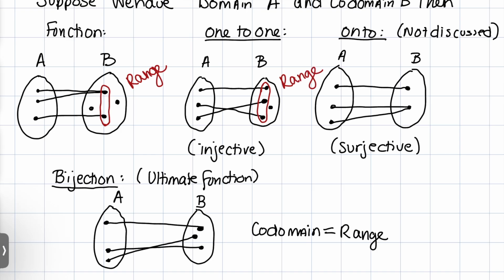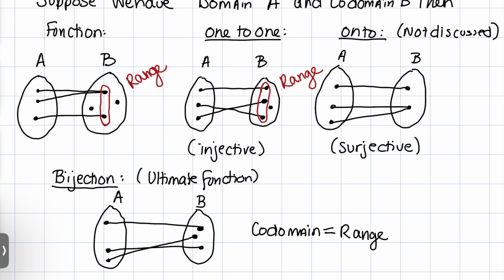And then we also have onto, which we're not going to discuss in this course, but it is going to come up, I'm sure, in later courses. This simply means that there are no extra values. So you really just have a domain and a range. It's like a function, but instead of having extra values, the codomain and the range are the same thing.